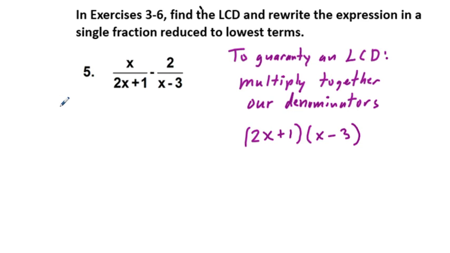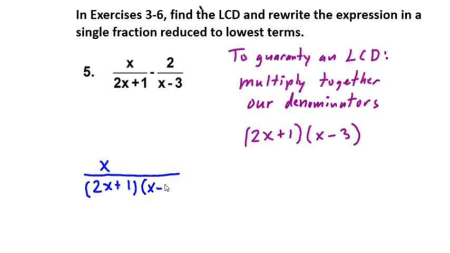So let's go ahead and work this out and rewrite this fraction. Okay, we have x over 2x plus 1. And to get our common denominator of quantity 2x plus 1 times quantity x minus 3, we need to multiply by what?